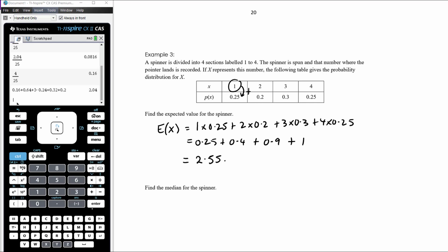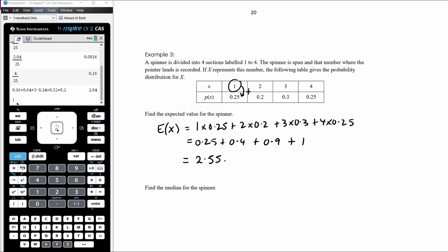So we would expect to get, and it doesn't mean we can get a score of 2.55, but on average, if we were to do this thousands and thousands of times and work out our average score each spin, it would be about 2.55. So in the long run, that's the score that we would expect to get.